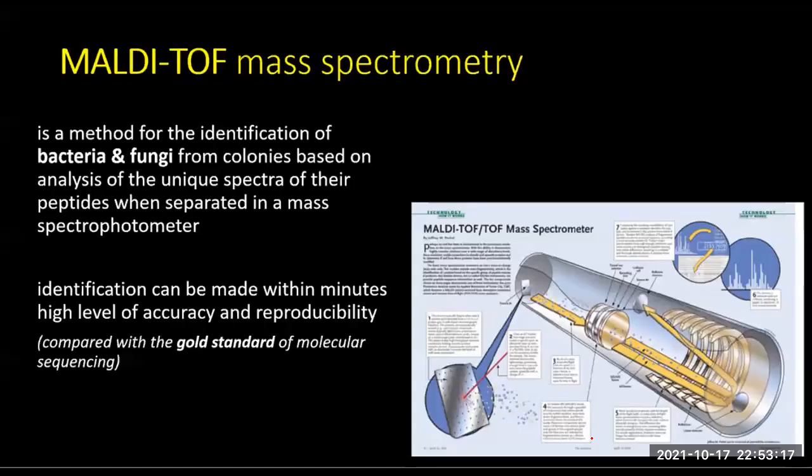Right now, this is the latest trend in the diagnosis of microorganisms, not only for bacteria but also for fungi and viruses: MALDI-TOF mass spectrometry. This is a method for the identification of bacteria and fungi from colonies based on the analysis of the unique spectra of their peptides, when separated in a mass spectrophotometer.